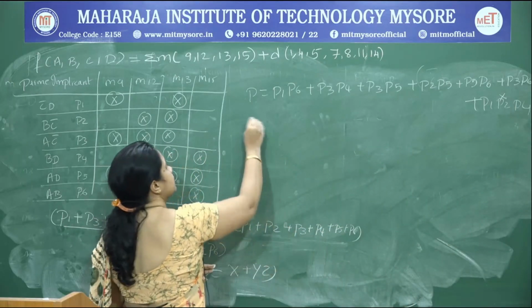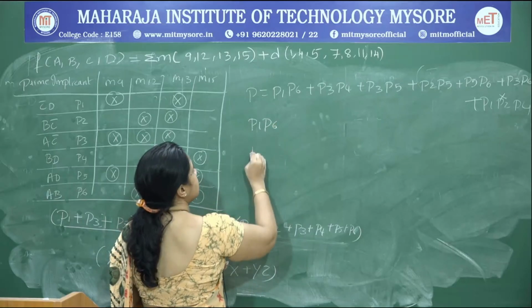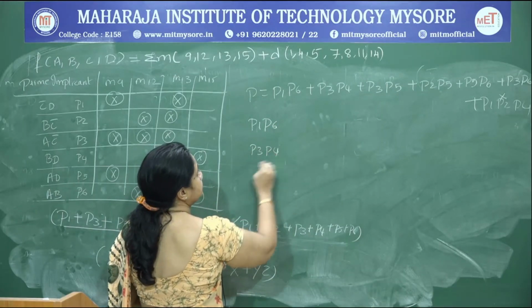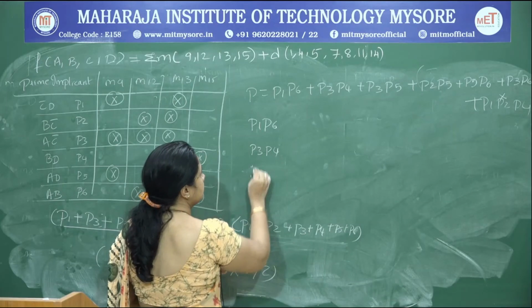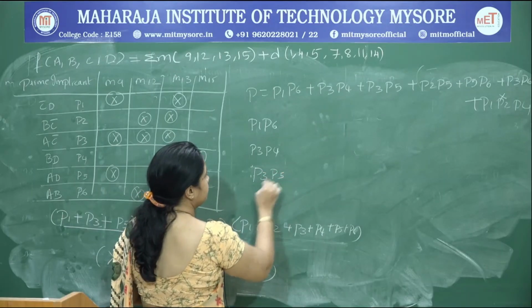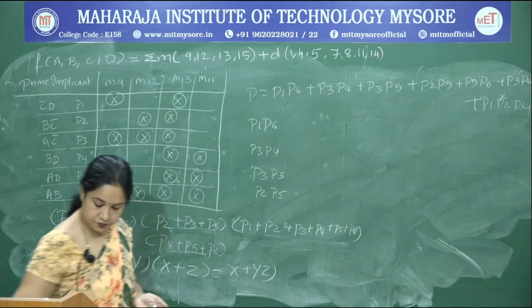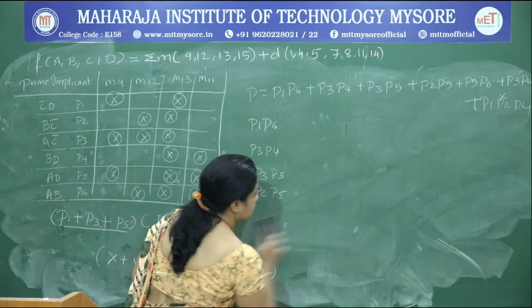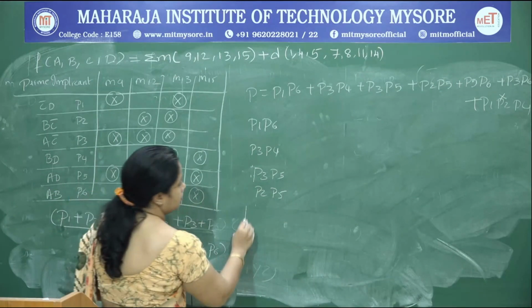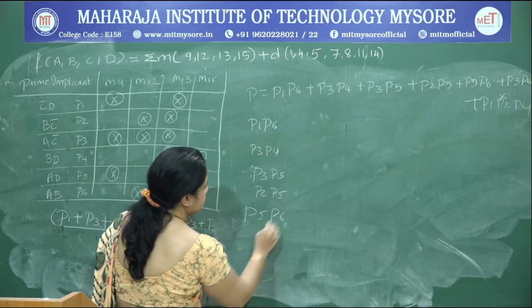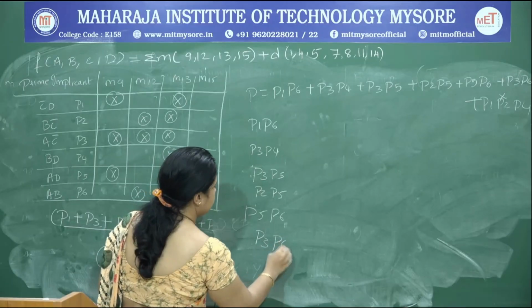So these minimal solutions are P1, P6; P3, P4; P3, P5; P2, P5; P5, P6 and P3, P6.